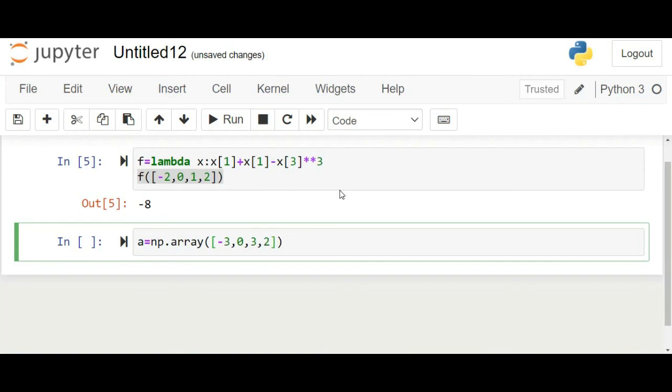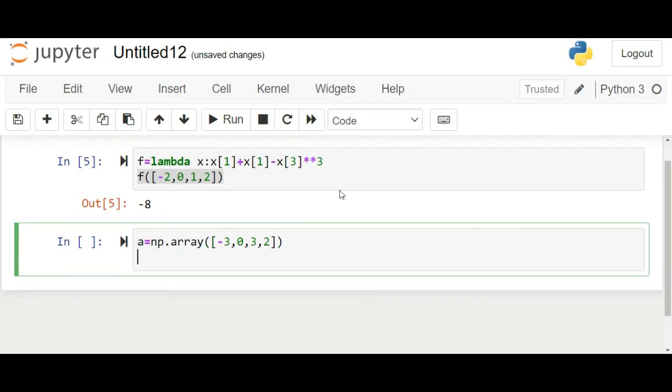Okay, these are the 4 values of a, and then we will define x is equal to np dot array. Inside the parenthesis we will write the square bracket, and we can take different values, minus 3 comma 2 comma minus 2 and comma 8, just like that.